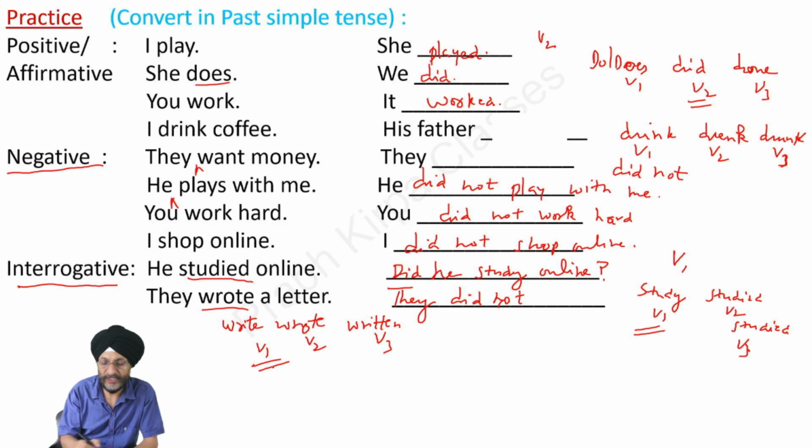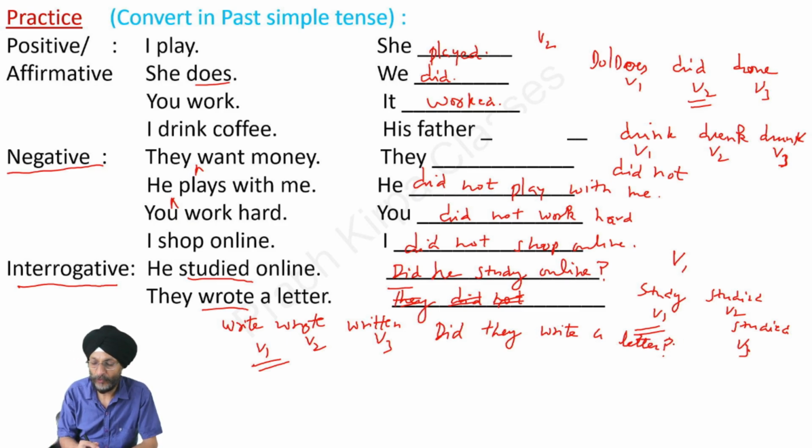We have to use this form in the case of negative, in the case of interrogative sentence. Sorry, we have made it negative, we have to make it interrogative. Did they write a letter? At the end of the sentence, we have to mark the interrogation mark.